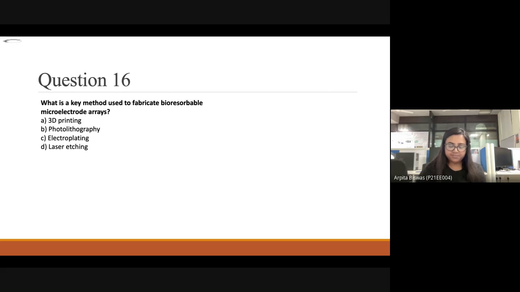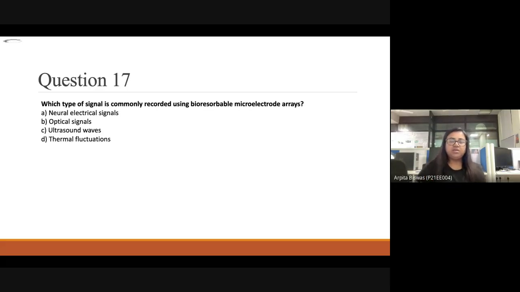So what is the right option here? The right option is photolithography, option B. Next, question number 17.